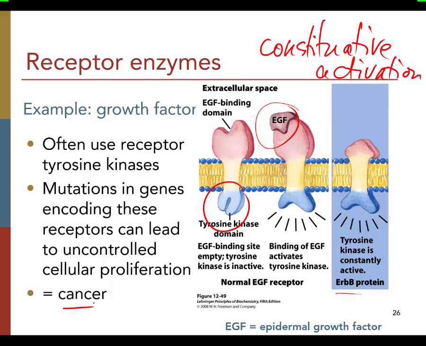Okay, so if you have cells that are growing when they're not supposed to, that's kind of a clue for tumor growth, right? So it turns out that some of the mutations that cause tumor growth are mutations in these signaling enzymes that turn on pathways that are not supposed to be turned on unless there's a ligand there for it.